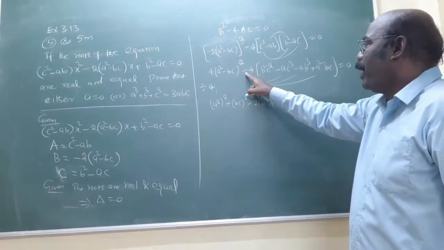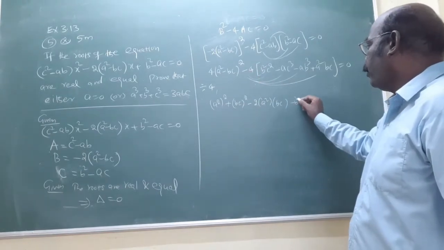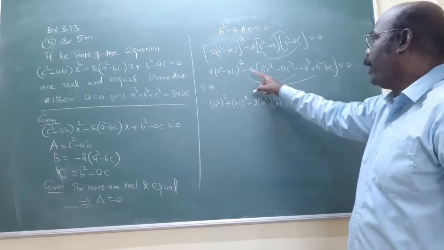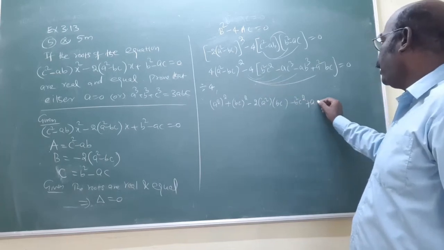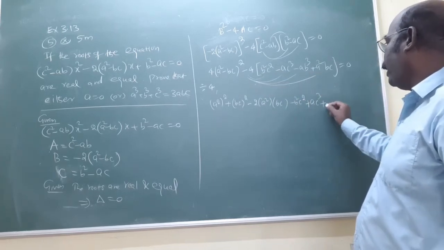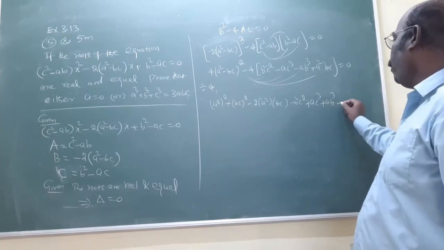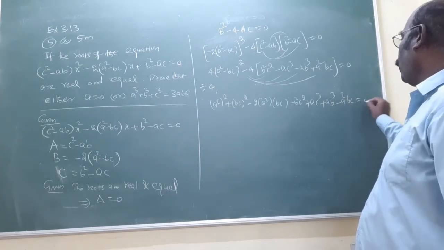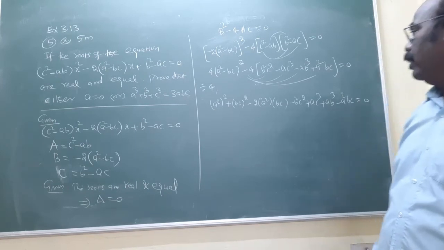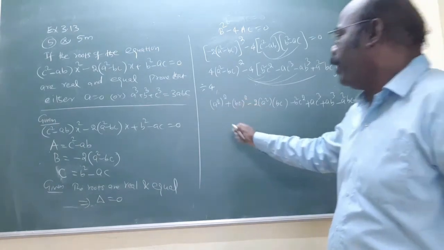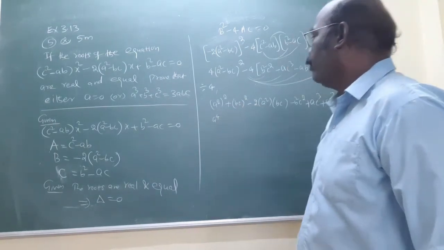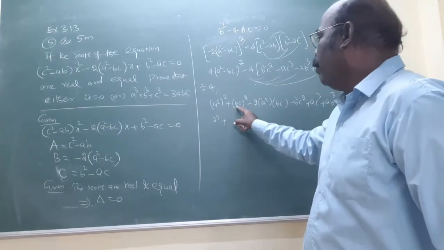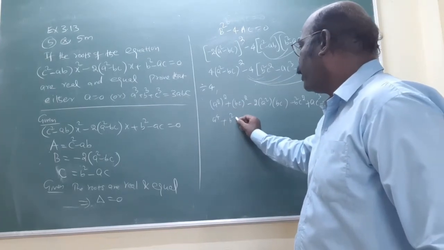Only minus is there. Minus into b square c square. Next, minus into plus a into c power 3. Next, plus a into b power 3 minus a square bc equal to 0. Am I correct? Very important. Now simplify: a power 4. Next, bc whole square means b square c square.